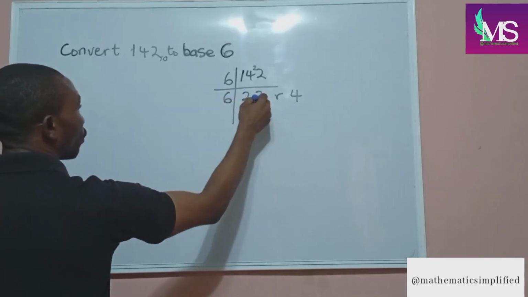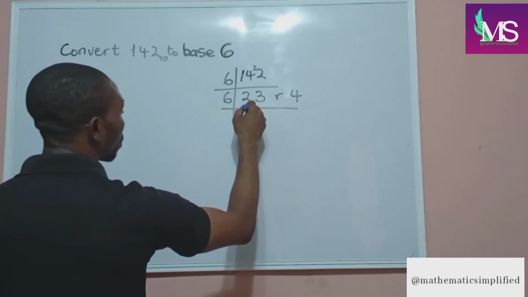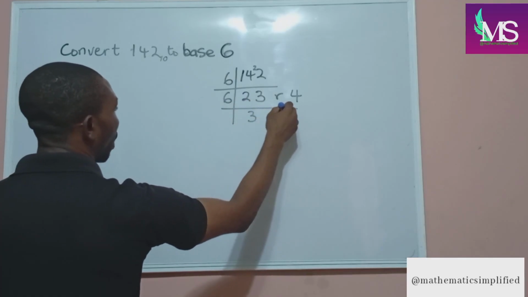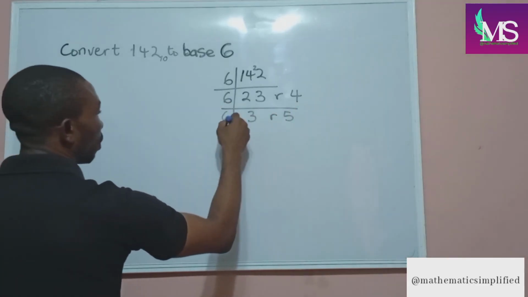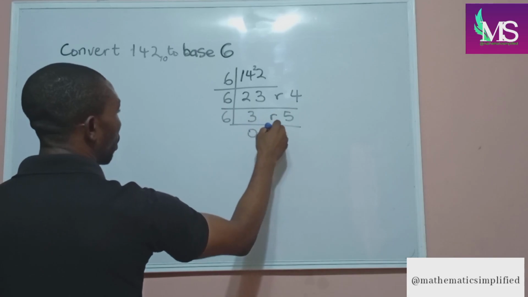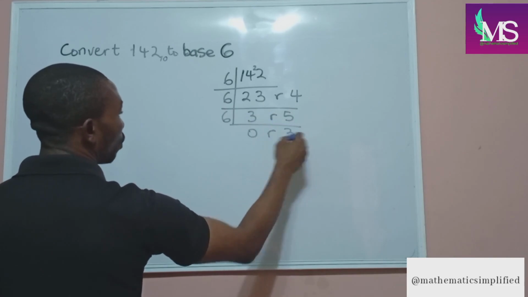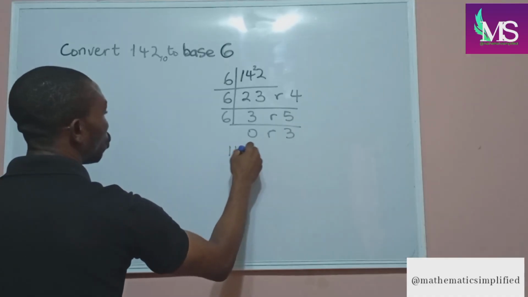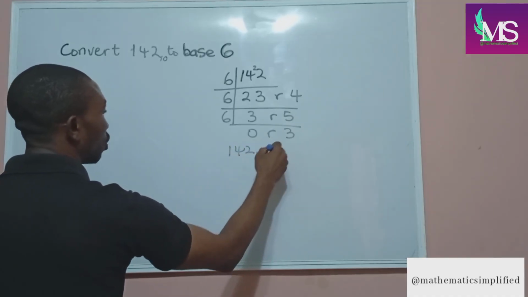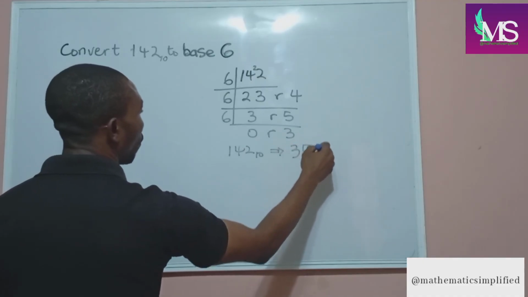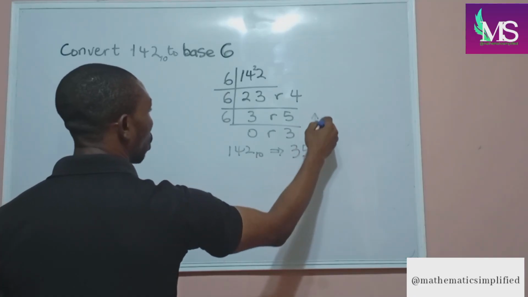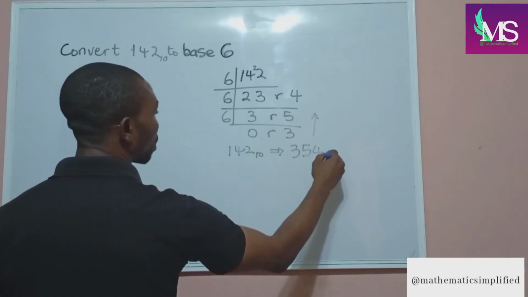And 6 into 23 will give us 3, remainder 5. Okay, now 6 into 3 will give us 0, remainder 3. So our 142 base 10 is going to be 3, 5, 4, reading from down to up, base 6.